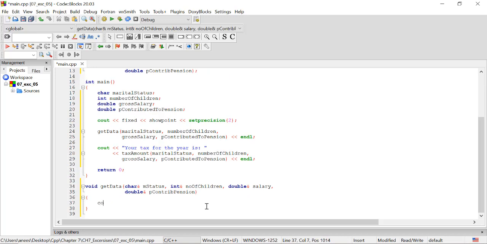There we go, and then we can cout "Enter marital status, M or m, married, comma, S or s, single."